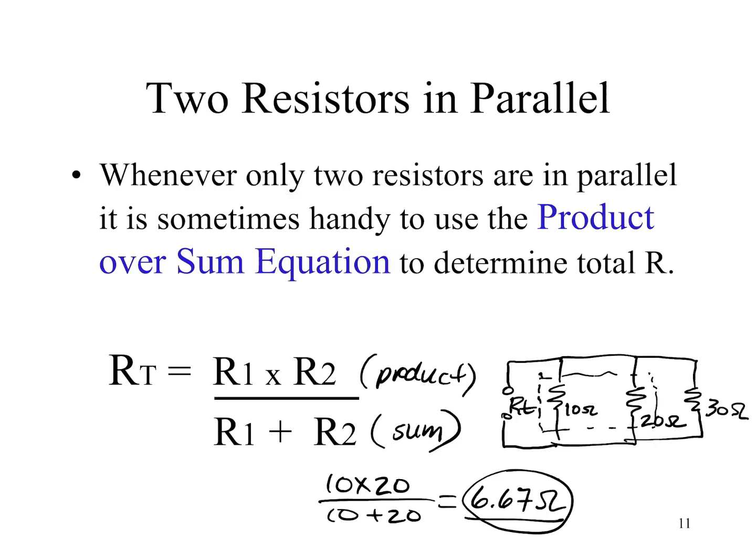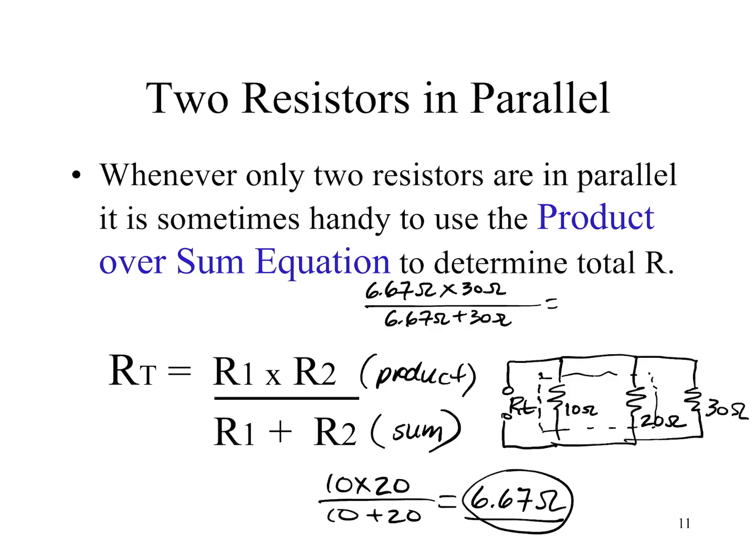So it means that we could say 6.67 ohms times, as a product, 30 ohms over 6.67 ohms plus 30 ohms. We're just going to be applying product over sum again, carrying on through to give us the result.